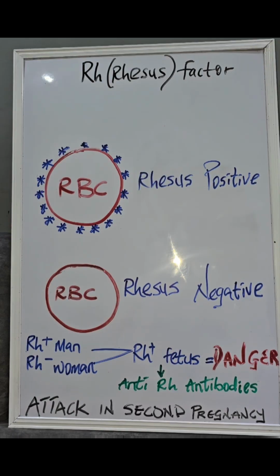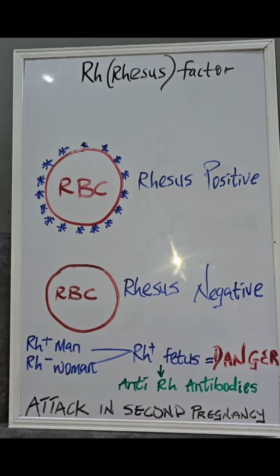This woman who is Rhesus negative will now develop anti-Rhesus antibody. It's just like recruiting soldiers to fight against that foreign thing they don't know that came into the mother's circulation. So that's how we can describe anti-Rhesus antibody.